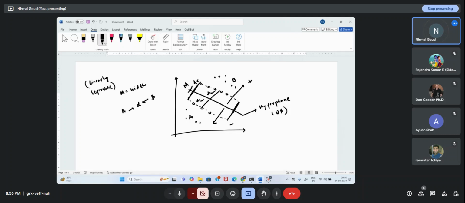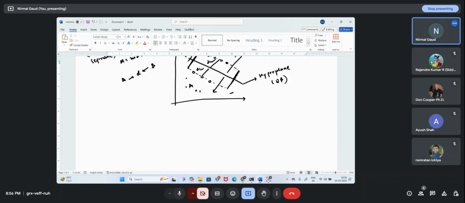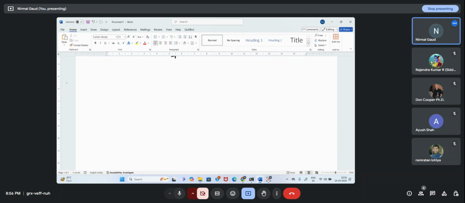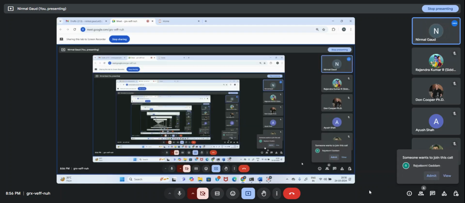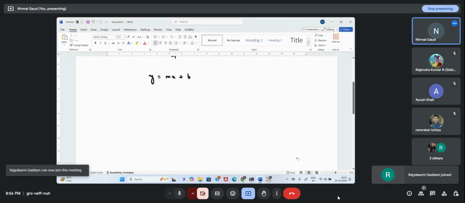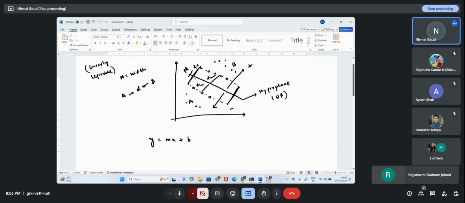Okay. In general, how do we write a linear equation? You know, y equal to mx plus b. Okay, this is how you write it. I'm just hoping that this is the equation of a line, mx plus b.